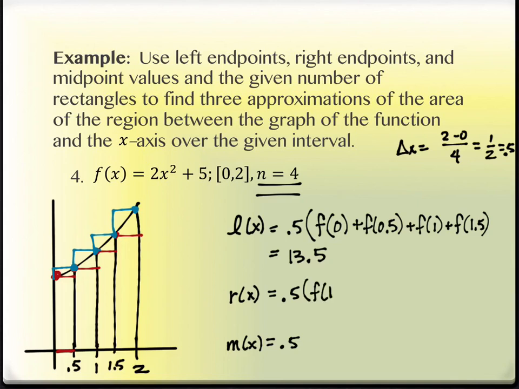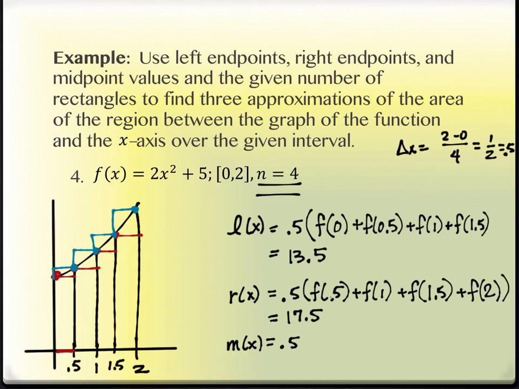So this is f of 0.5, f of 1, f of 1.5, and f of 2. And again, you can use your calculator to find those values and then add them together, multiply by 0.5, you'll get 17.5.